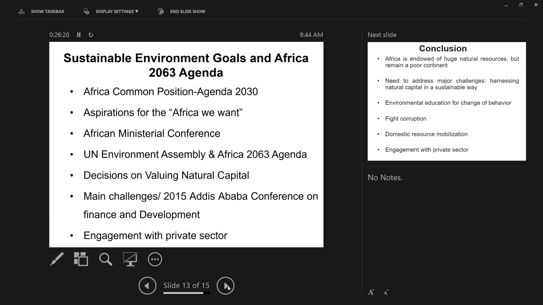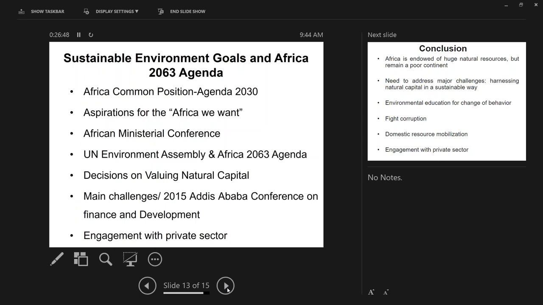Even in 2015, in Addis Ababa, during the conference on financing for development, it was clear that economic growth in Africa will not be sustainable unless the African member states ensure environmental sustainability.